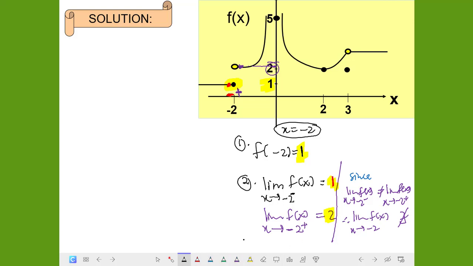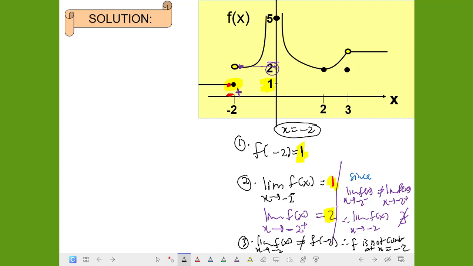The third step: the limit of f(x) as x approaches -2 is not equal to f(-2). Therefore, f is not continuous at x equals -2.